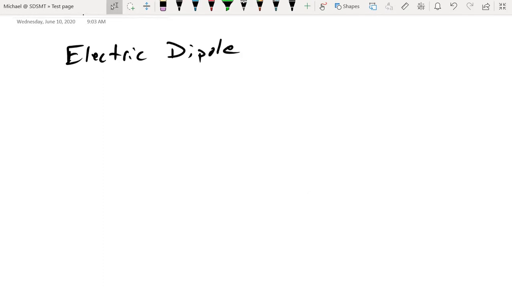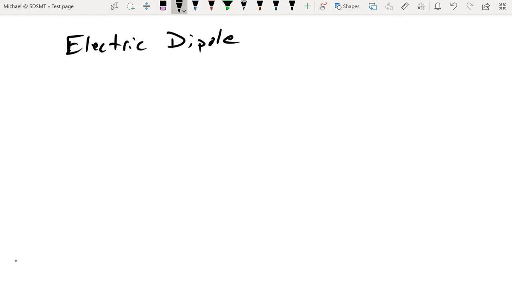This is something that we've seen in the previous chapter, specifically Chapter 22. In that case, we derived the electric field that was produced by the dipole. So if we remember, the electric dipole has equal and opposite charges separated by a distance of d.